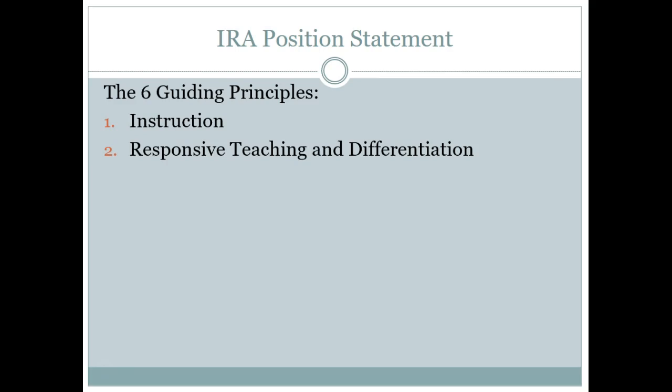This also talks about the need to intensify instruction as part of differentiation, which is key with tiered instruction. The second tier is a little bit more intensive, as is the third tier. So ways to intensify instruction are smaller group sizes, more time, more highly focused, those kinds of things.